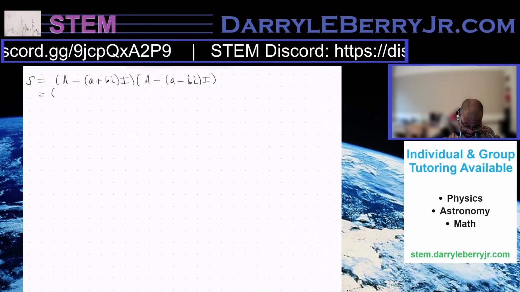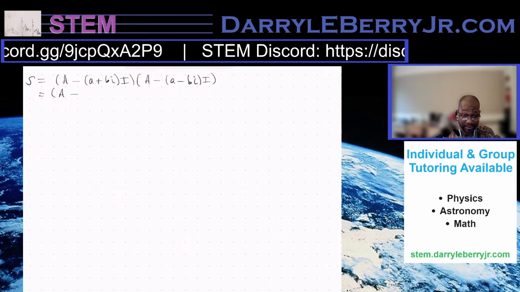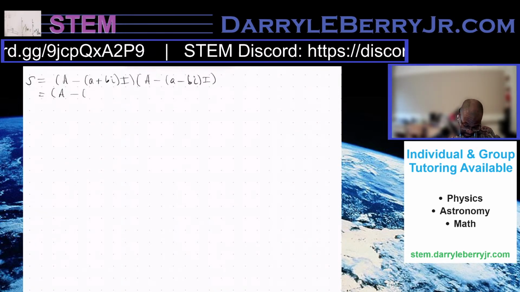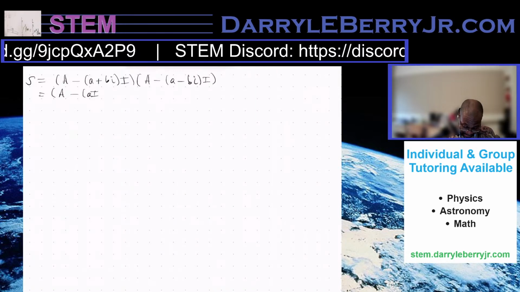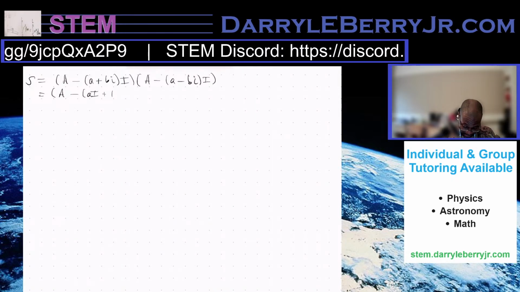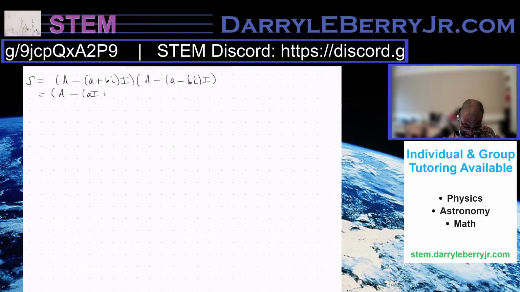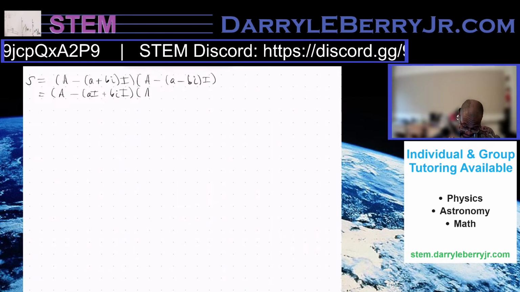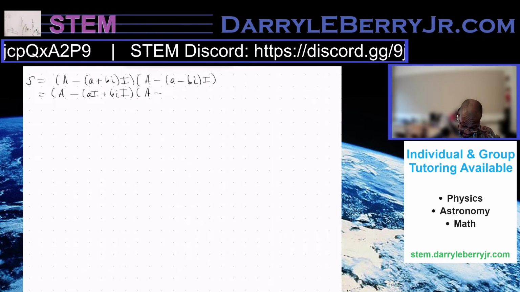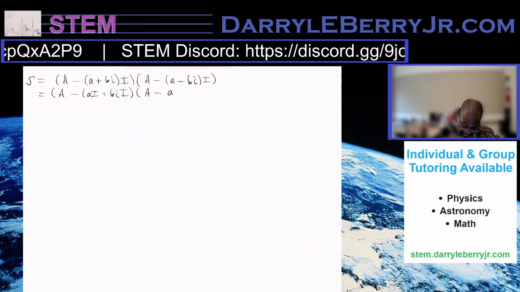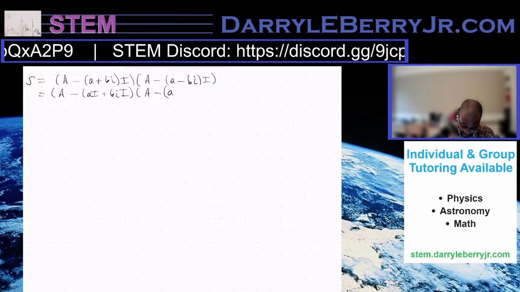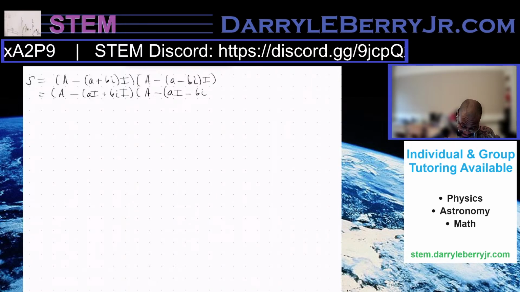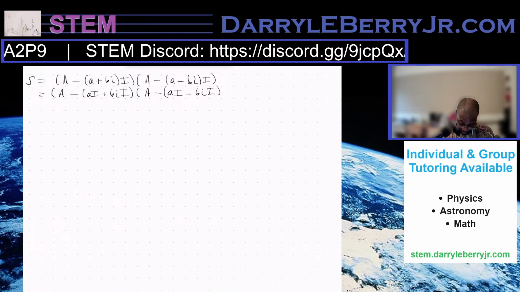So that equals a minus ai plus bi, a minus ai minus bi.